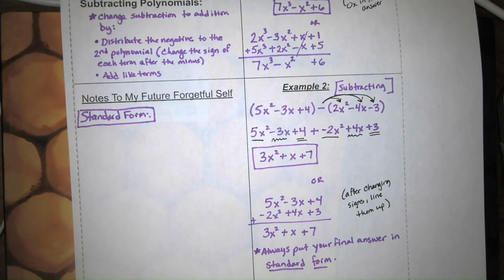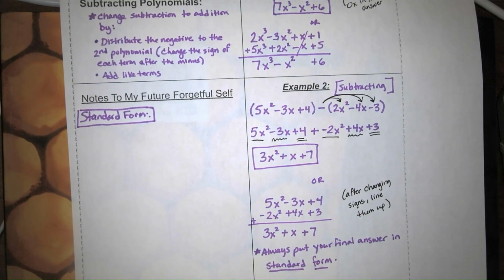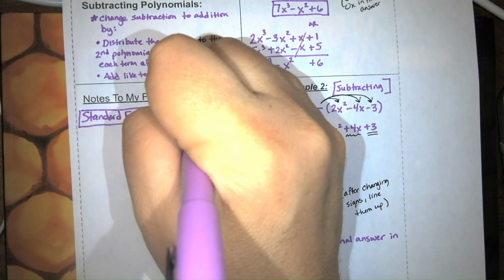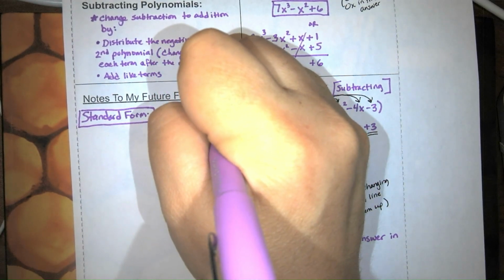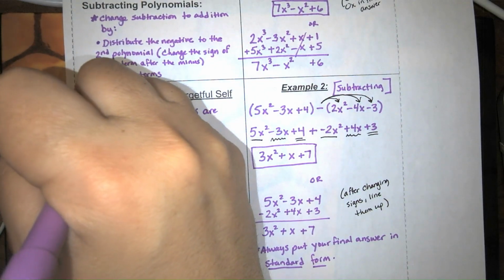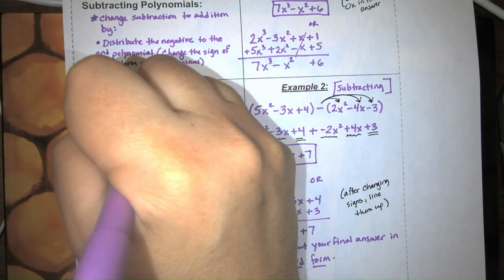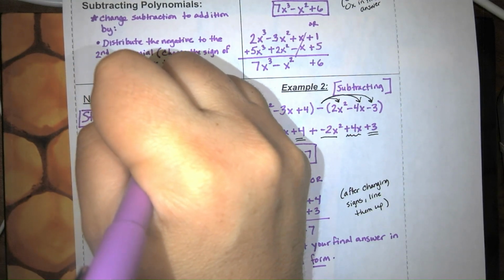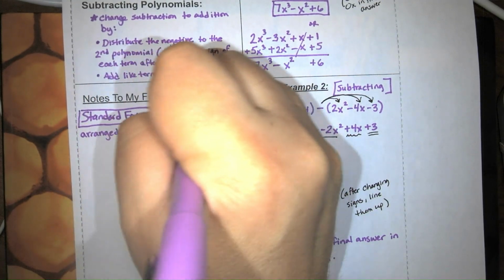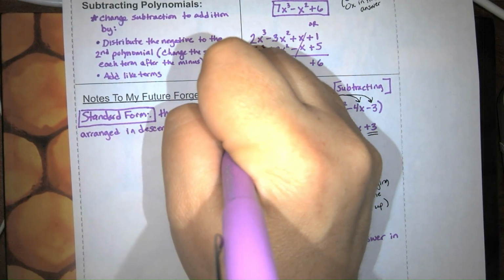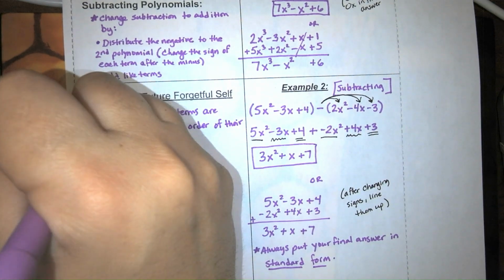So that means we're starting with the highest power and ending with a constant term, going lower in power as you go along. So I'm going to say the terms are arranged in descending order of their exponents.